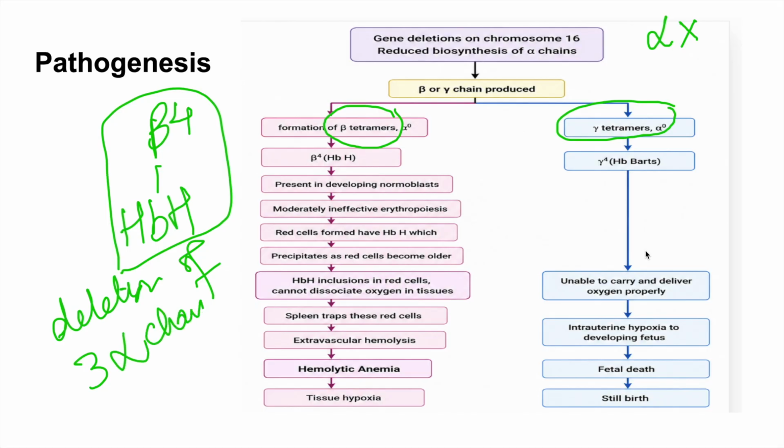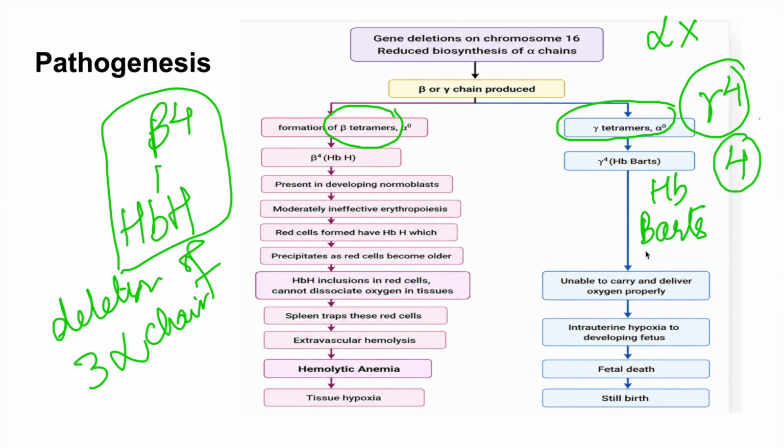In the case of the tetramer of gamma 4, the hemoglobin formed is known as Hb Bart's. This is the most severe form, also known as hydrops fetalis, and in this there is deletion of all 4 genes of the alpha.